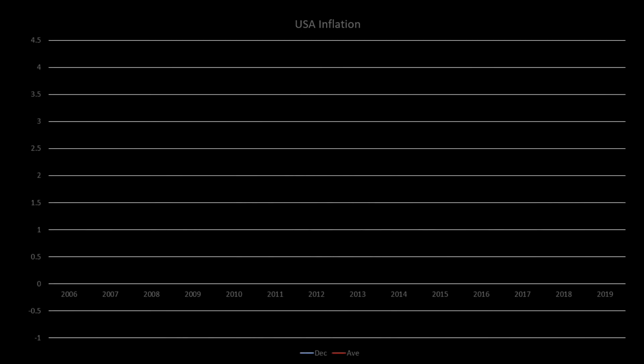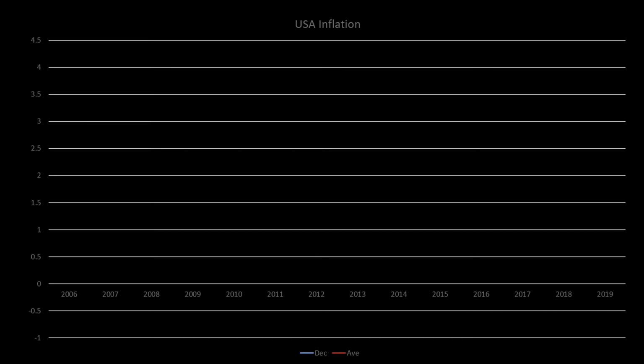Now, for a bonus, I would just like to talk about inflation rates of the United States from 2006 to 2019. Let's have a look. The blue line will represent the inflation rate of the last month, December, and the red line will represent the overall average inflation rate of the entire year.